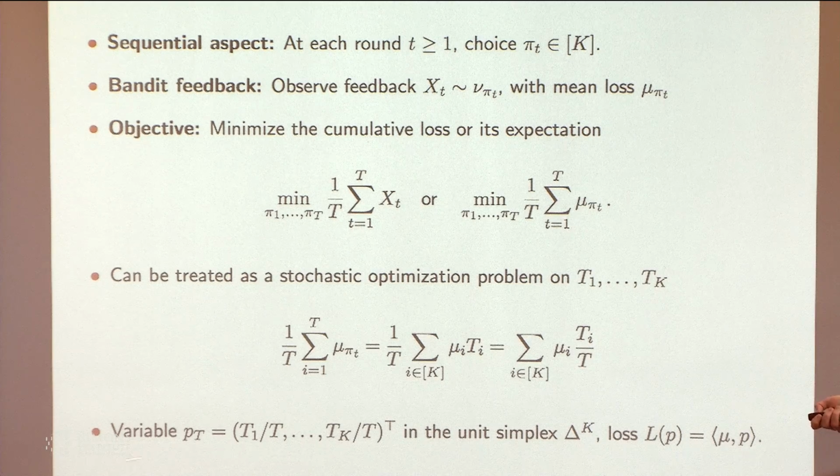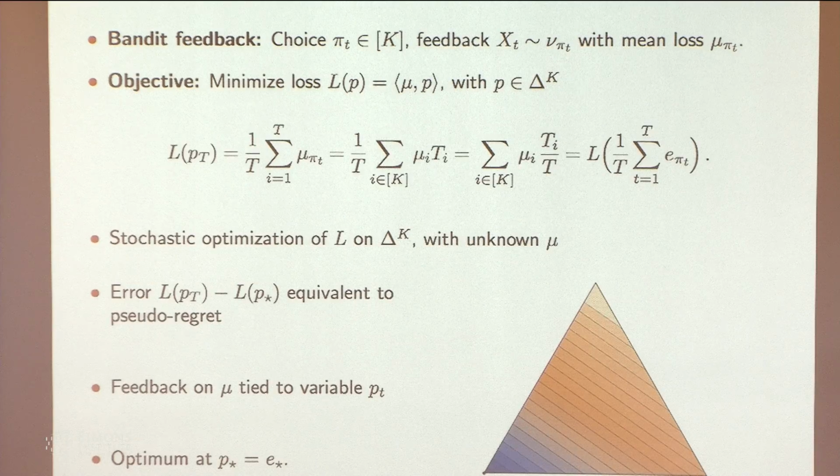If you look at this variable, this is a vector in the unit simplex, and you can write your loss in the multi-arm bandit case as just a linear form like this on the simplex. And so now you can see the multi-arm bandit problem as a stochastic optimization problem where you try to minimize a linear form on the simplex with an unknown vector.